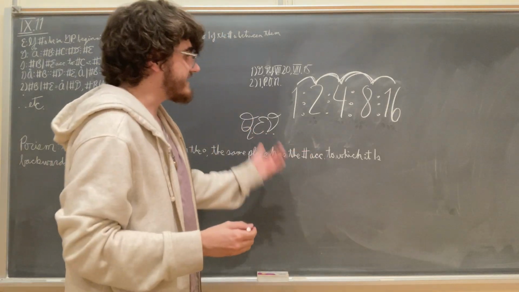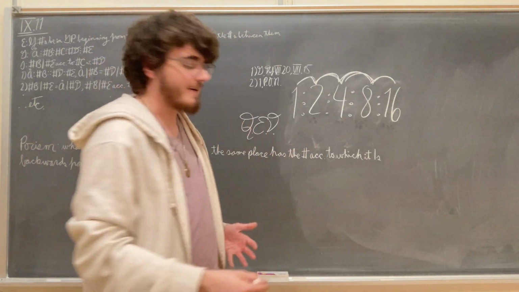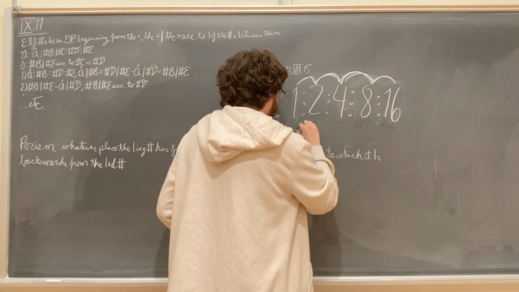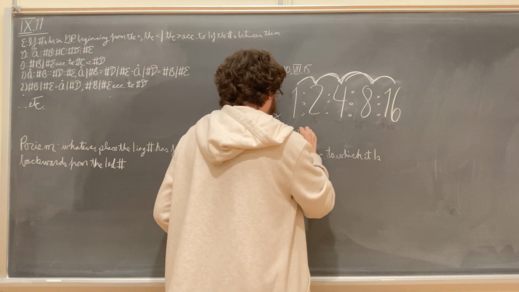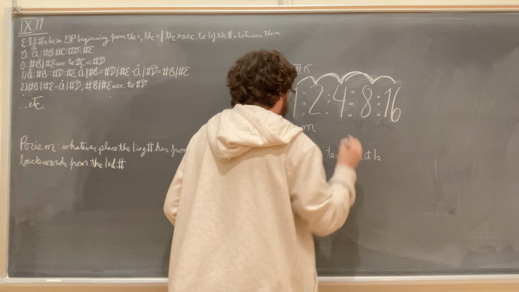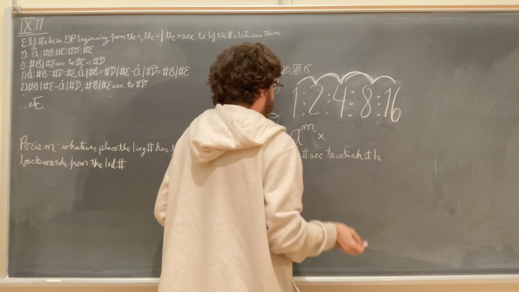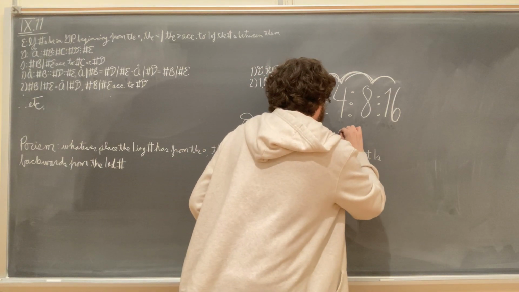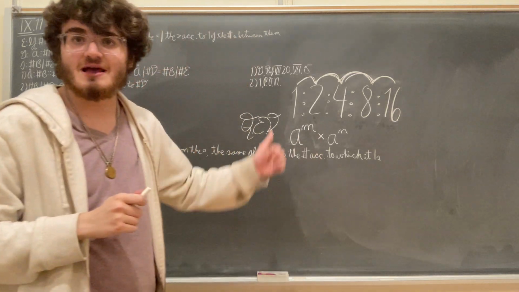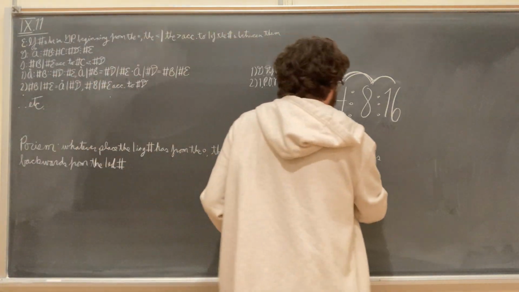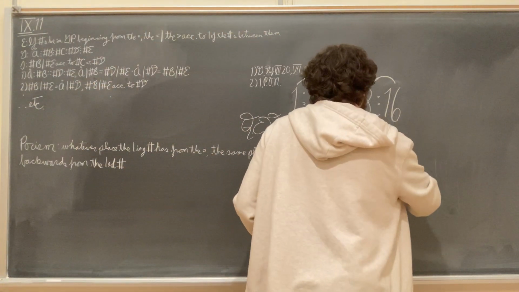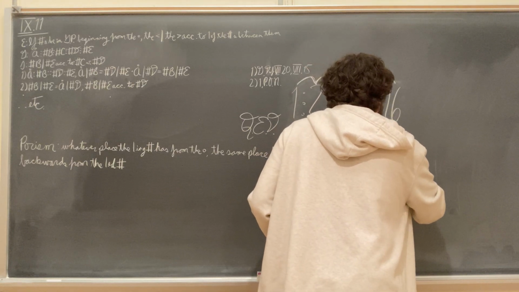What do I mean? Well, the exponent rules I want to explain here are: if we have any base a, we raise that to some power m, we multiply it by that same base raised to another power n. What do we know about this? Well, what we know about this is that it is equal to a to the sum of the exponents.